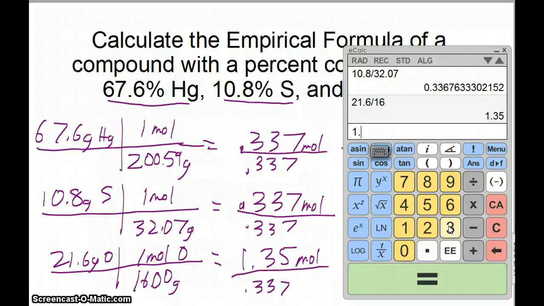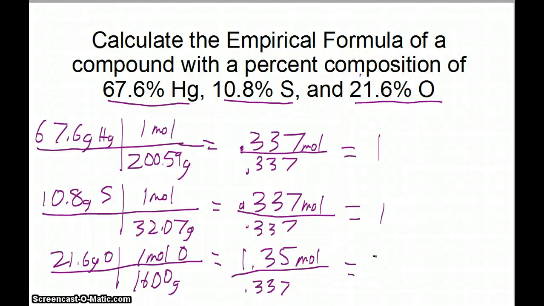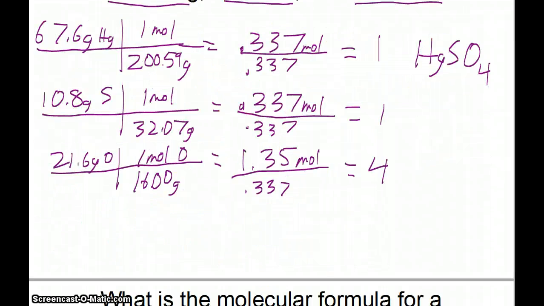So 1.35 divided by 0.337 equals 4.00. So basically just simply 4. So our empirical formula for this is HgSO4, mercury sulfate. Okay? So let's keep on moving forward here.